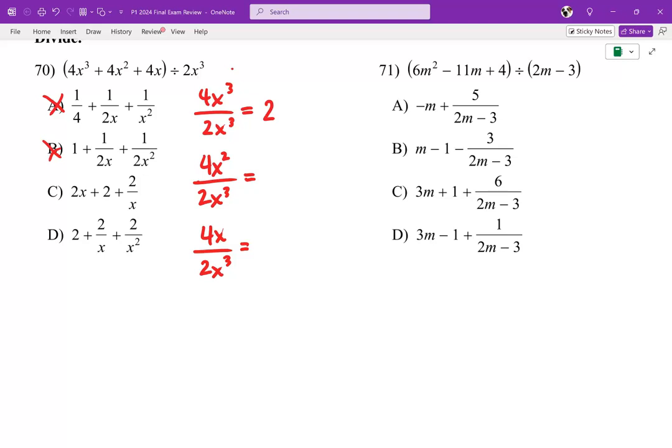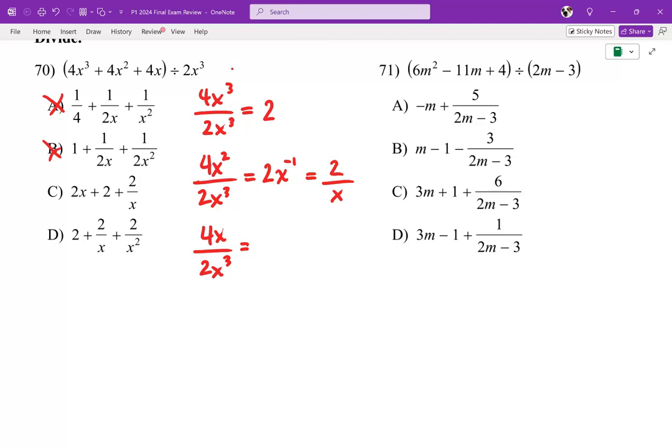4 divided by 2, that's 2. x squared divided by x cubed is x to the negative 1, which basically means it's 2 over x. Okay? So notice both of them have a 2 and a 2 over x, so still can't decide which one is the right one.